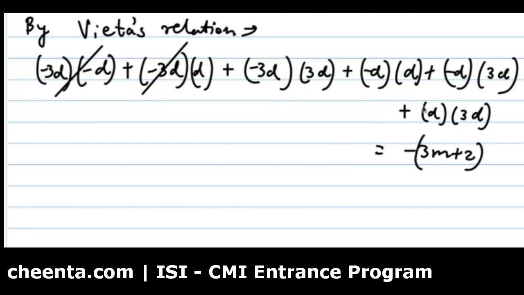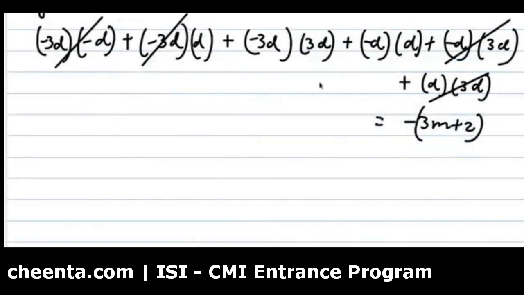I think something is wrong. Let's check once. So this needs to cancel. So we have minus 10d squared equals minus of (3m plus 2).